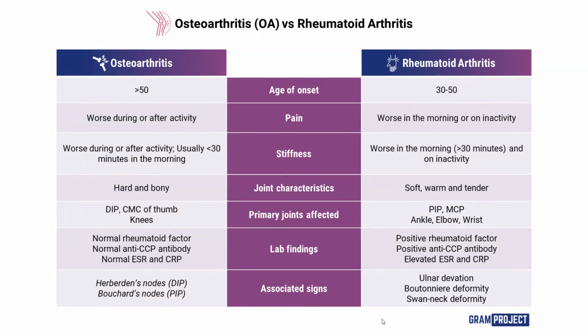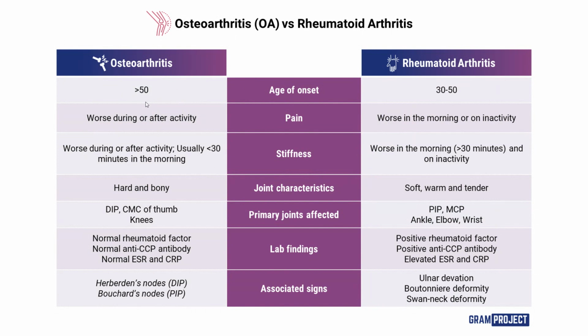I love this table, and I think it's made my life very different. For those of you struggling with MCQs, this table is something they love referring to in MCQs. So typically, osteoarthritis would have a higher age of onset because it tends to be a wear and tear situation.